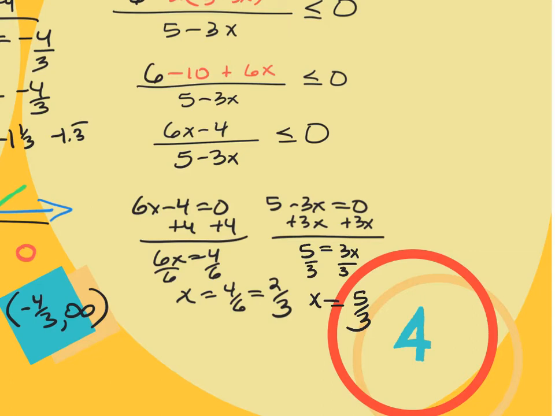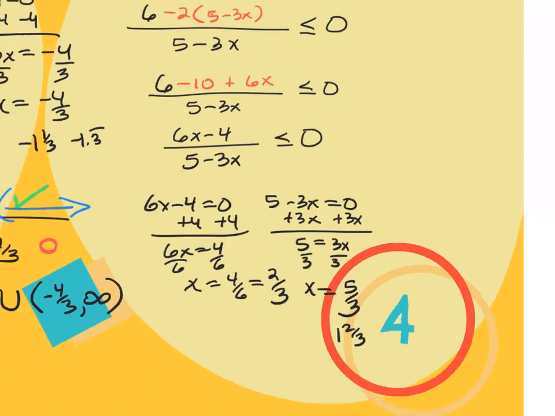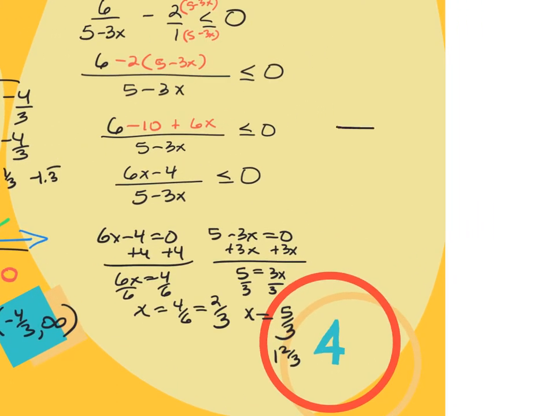So if I were doing this on WebAssign, 5 over 3 is 1 2/3. So just so I know that I need to put it between 1 and 2 when I go to graph it. But for my purposes here, I'm just going to put it on my number line least to greatest. So the 2/3 goes here, and the 5/3 goes here. Again, these are both positive, so my 0 is located over here to the far left.